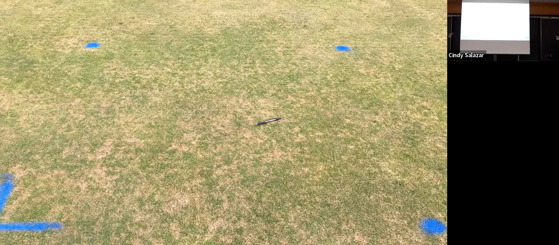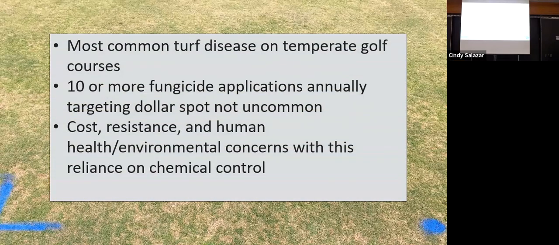So this is what dollar spot looks like in a fairway situation. There's aesthetic issues with it. It impacts the playability of the golf course. And it requires a lot of fungicide applications. Depending on the situation, it can be 10 or more fungicide applications in a single season targeting just this particular disease. The reason for that is the pathogen that causes dollar spot, Clarireedia species.